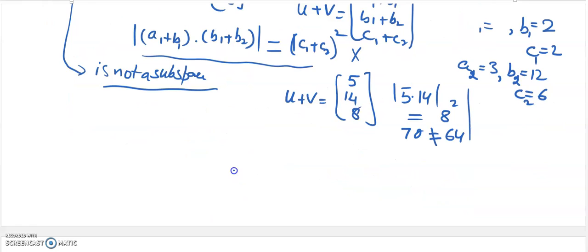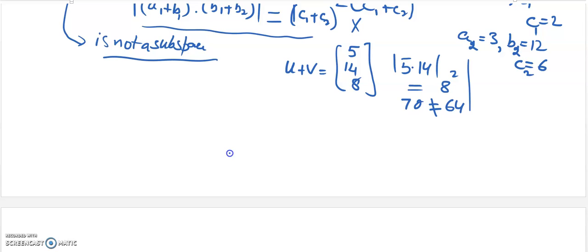Okay, so one more example. This is the fifth one. Just take A, B, and C, where C is greater than or equal to 0.